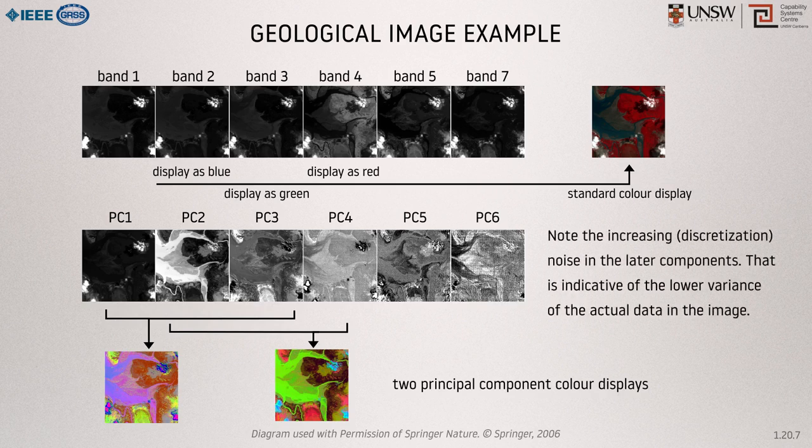Note also the discretization noise in the later principal components. That occurs because the signal variance, that is the actual variance of the real information left over in the principal component, that variance is so small that the actual radiometric resolution of the sensor is showing up as a limiting factor.